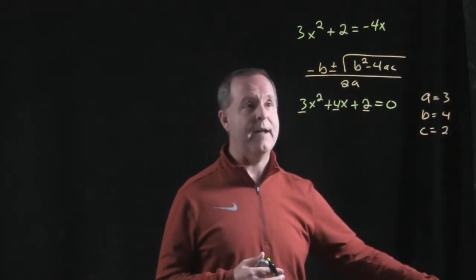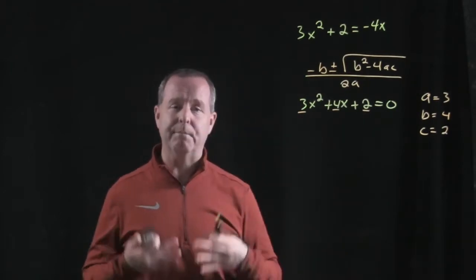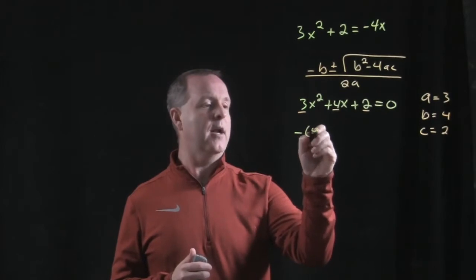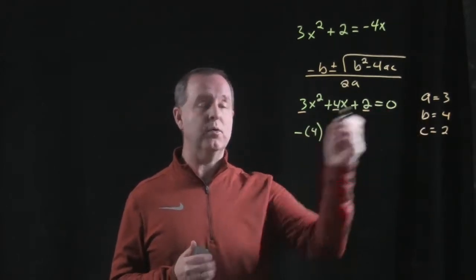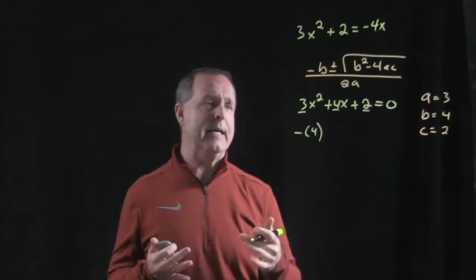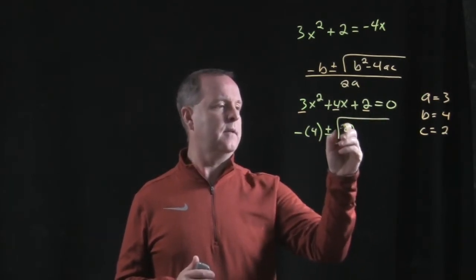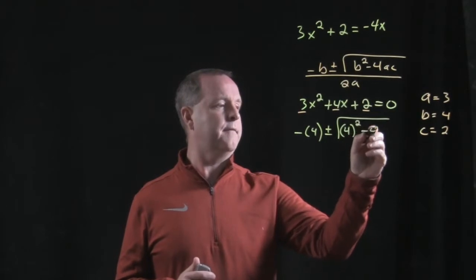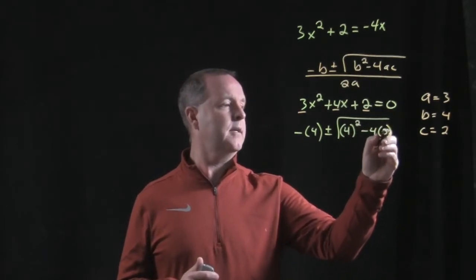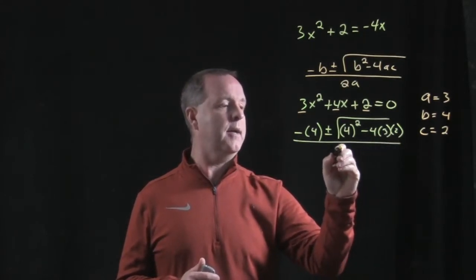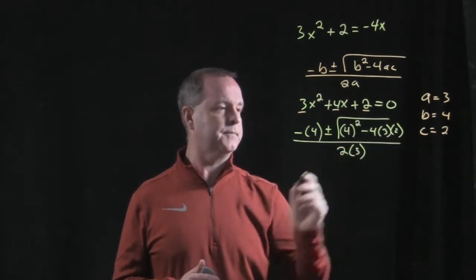So if I'm able to identify those, then it's just a matter of plug and play. So minus b, and I'm going to put parentheses around that total value. That's just a good habit to be in. Plus or minus the square root of 4 squared minus 4 times 3 times 2, all over 2 times 3.